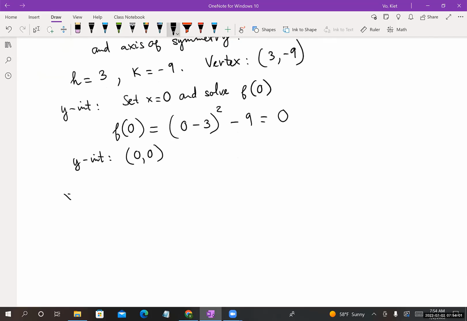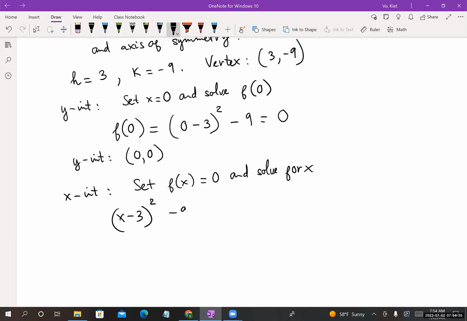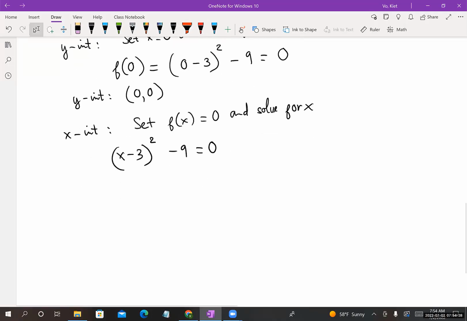Now for the x-intercept, I would have to set the function equal to 0, and then solve the equation for x. So that would give me x minus 3, this is being squared, subtract 9 equal to 0. Well, this is in a form where I can move the 9 over and use the square root property.